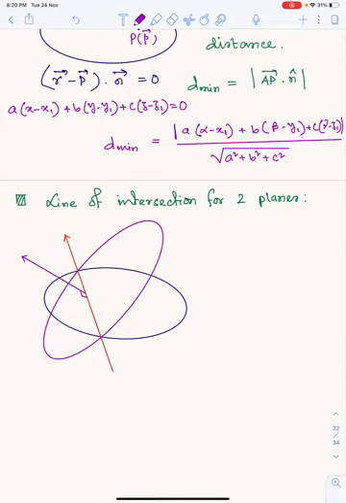This must be a right angle, as the red line is contained by the second plane as well as by the first plane. So if I consider the outward normal direction for the first plane, this is also perpendicular.